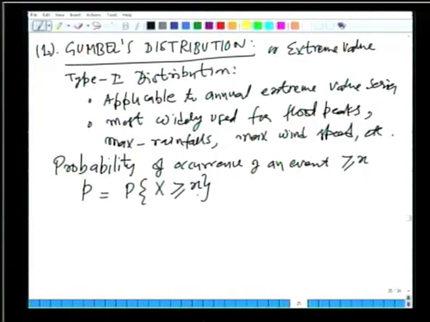An intermediate variable actually, which is defined like this. y_T is given as 1.2825 times (x_T minus x bar) divided by sigma, plus 0.577. This is your y_T, or the reduced variate, and this equation is applicable for a population, where the sample data set is very large or infinite.